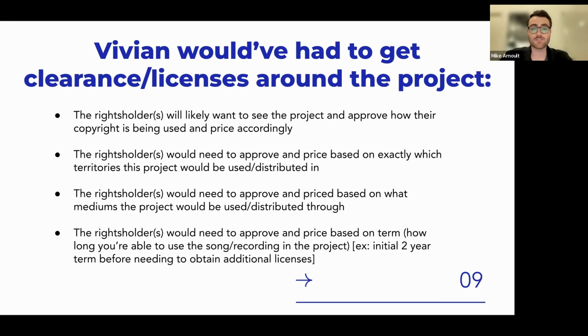So Vivian would have had to get clearance and licenses around the project to be able to use the song and the sound recording in her video, to be able to reproduce the composition and the sound recording for use in that video, to distribute it and to perform it.